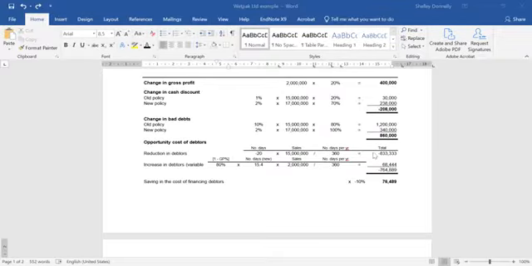So we've got a reduction in debtors on the one hand, because they're going to be collecting their existing sales 20 days earlier. That constitutes a reduction in debtors, or an investment in receivables of that amount. But they're going to have to tie up the cost of producing an additional 2 million rands worth of sales for 15.4 days.